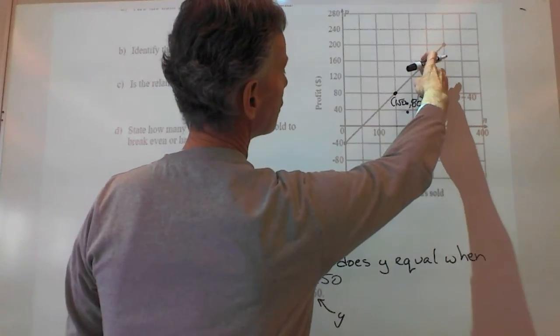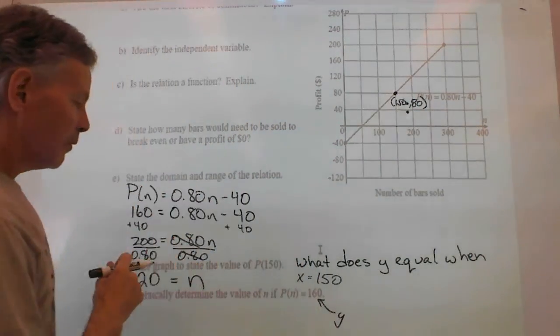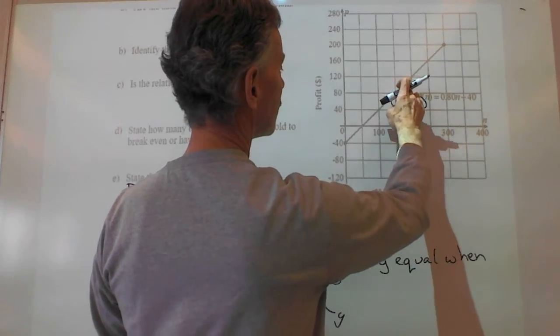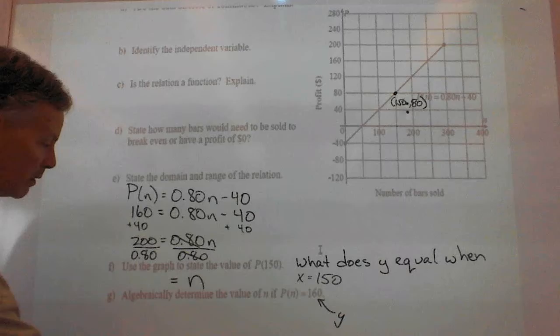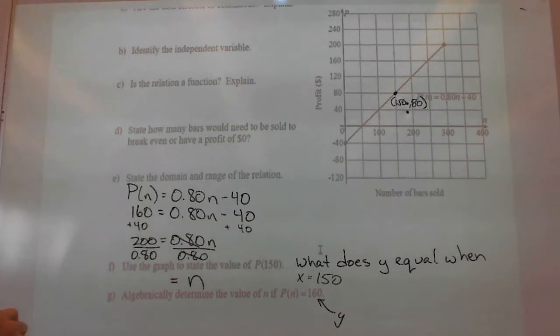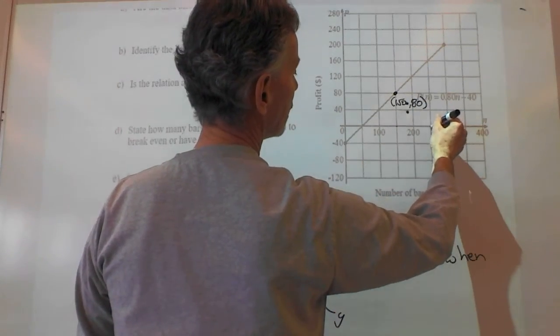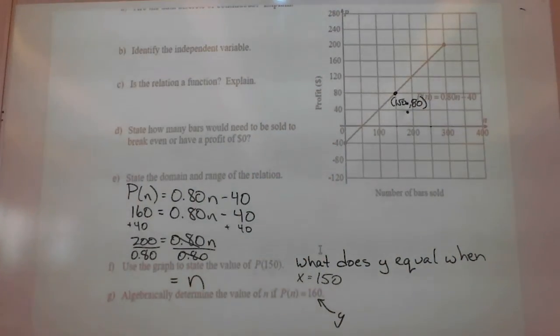Oh, I did it wrong. How many bars did we have? We had 150 bars. 150 bars is right here. Right. Profit of 160, there we go, is 250 bars. I better get my calculator.